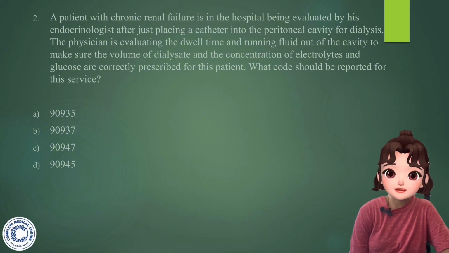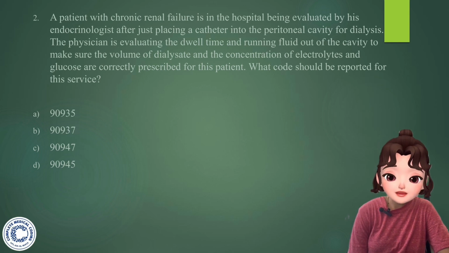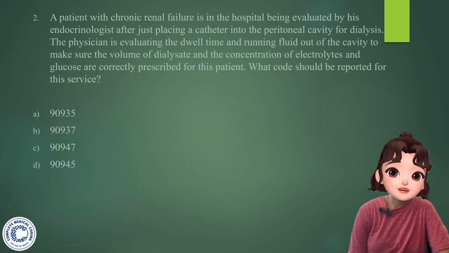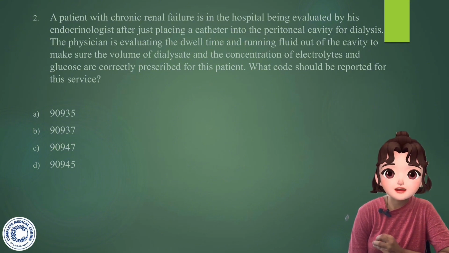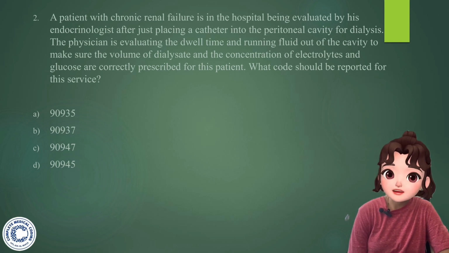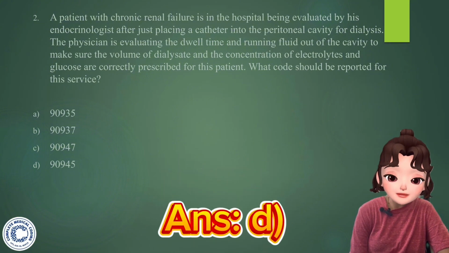Repeated evaluation. Here, there is nothing mentioned about any repeated evaluation, which means by default you have to mark the single evaluation by a physician. If nothing is mentioned in the question about multiple or repeated evaluation, then it means it's a single evaluation. So here our answer will be option D, 90945.